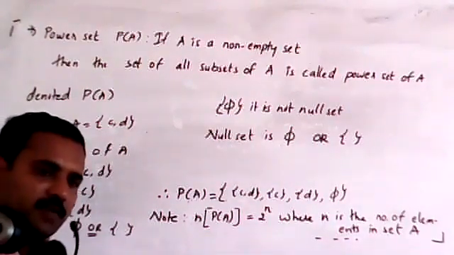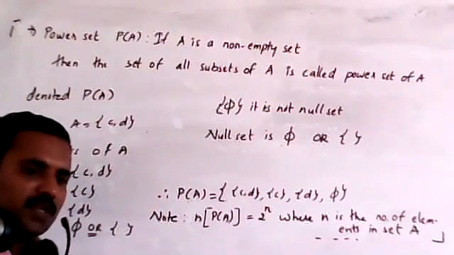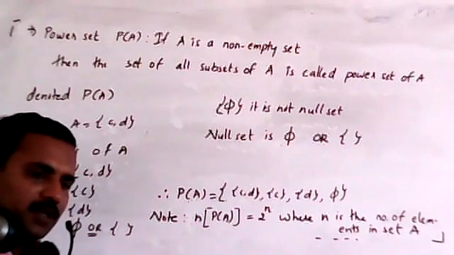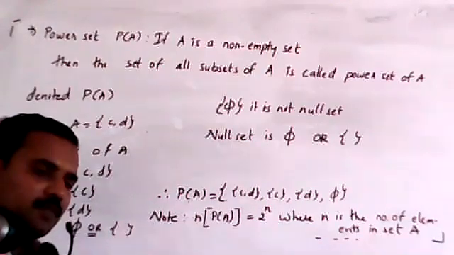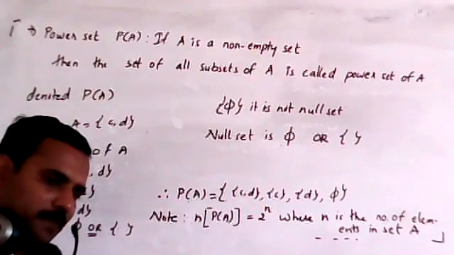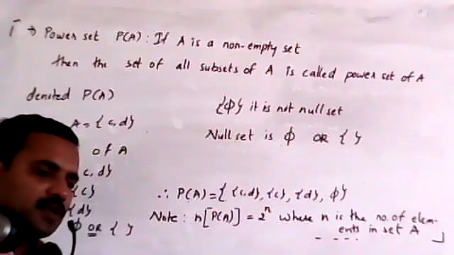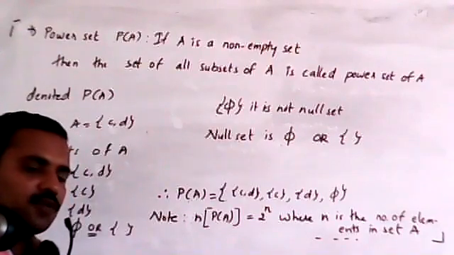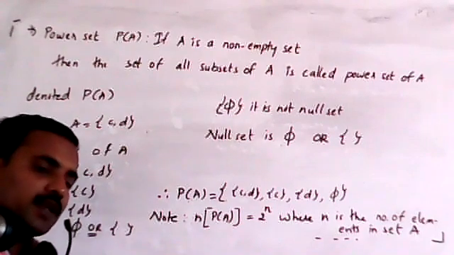Now is it clear to everyone? So we use the formula 2 to the power of n to find out in advance how many possible subsets can be written for a given set. I have given a very small set. If I had given a bigger set having 8 elements, then 2 to the power of 8 is 64 varieties of subsets.